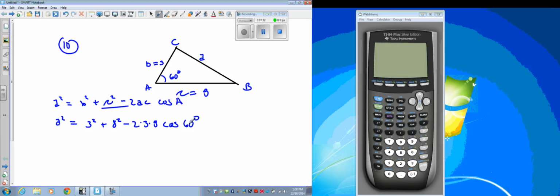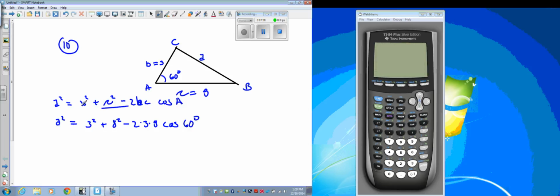The formula is 2bc, so you have minus 2 times 3 times 8.